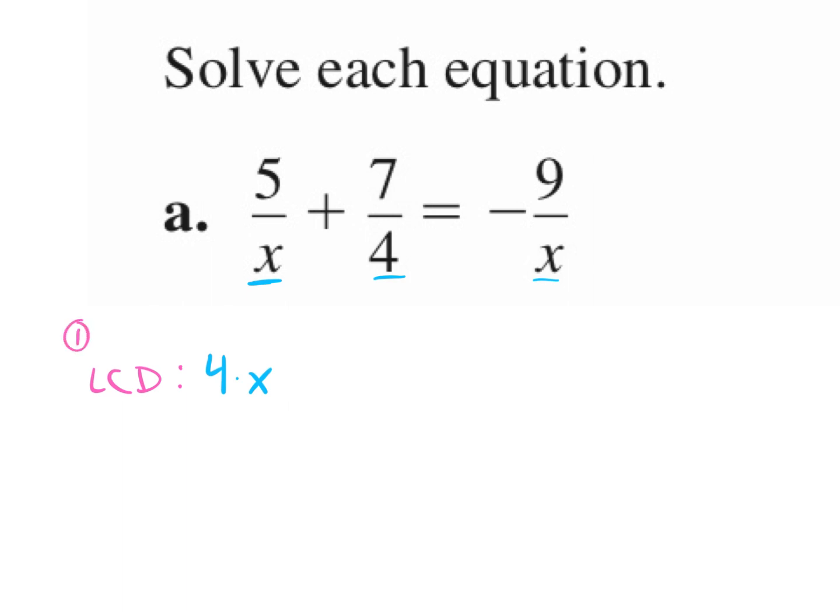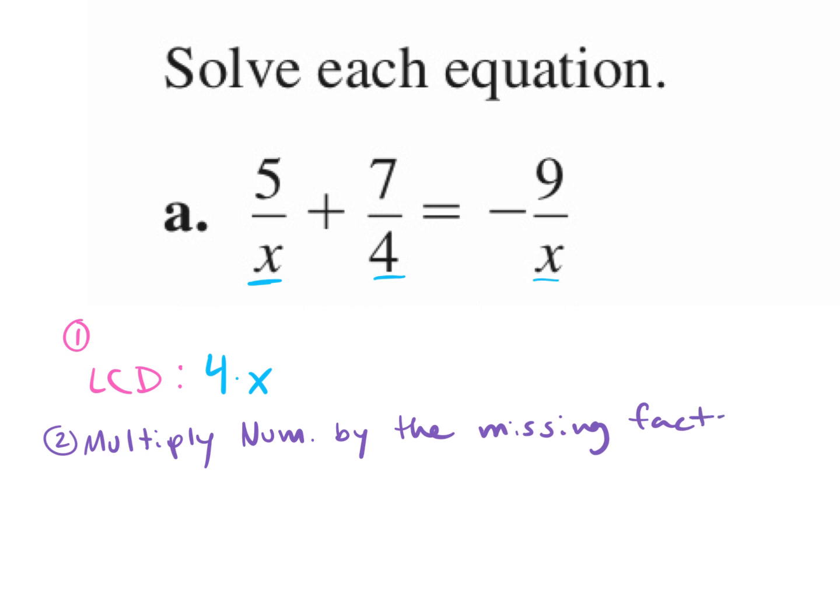Second step is to multiply the numerators by the missing factors. My least common denominator is 4x, and I have an x in the denominator here. What's missing? 4. So I'm going to multiply the top and the bottom by 4.